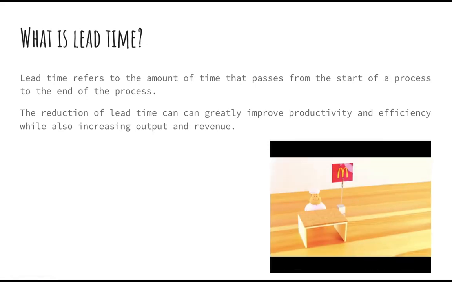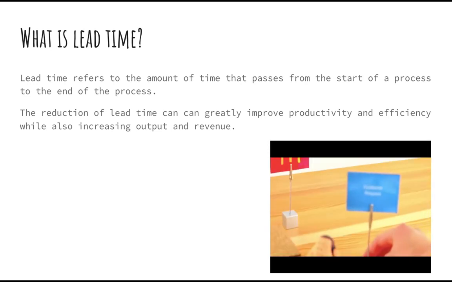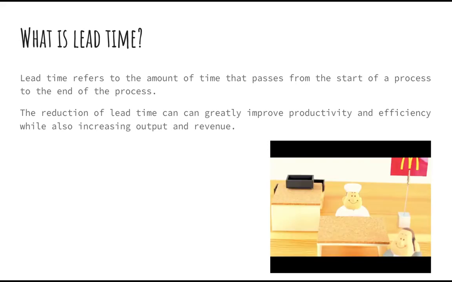Hello together, my name is Martin and I'm going to explain you the term lead time on a simple level. So let's start with the example of McDonald's. At McDonald's, we start to measure the lead time the moment the customer places the customer request. So the customer request triggers the production order so that the cook of McDonald's can produce what he has to produce.